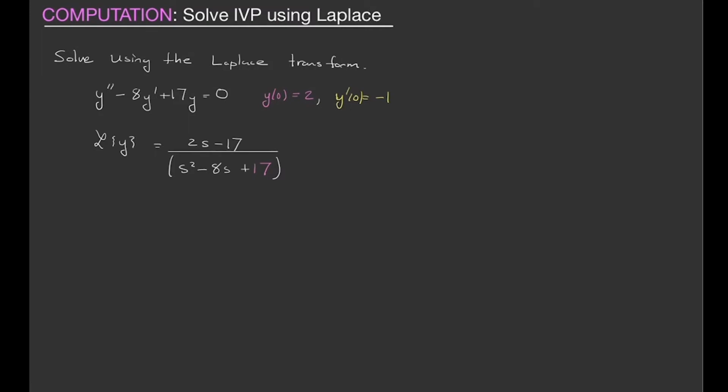First thing we'll note is that this has strictly complex roots. That is, roots with an imaginary and real part being non-zero. In cases like this, what we want to do is complete the square. In order to do that, we take 1/2 of this value, -8, take 1/2 of that, and square it.